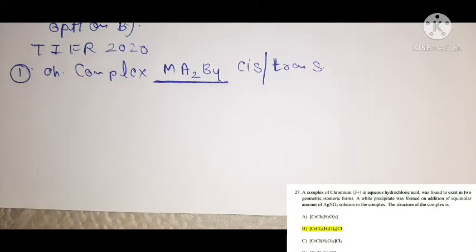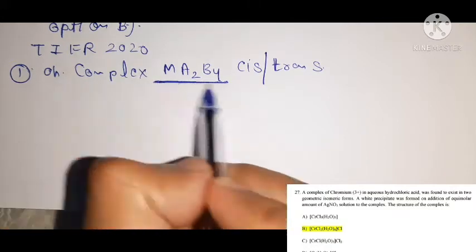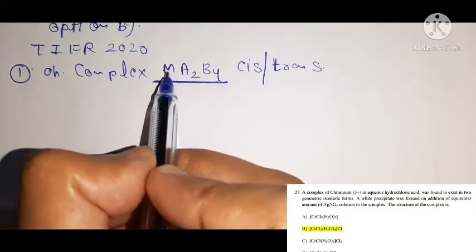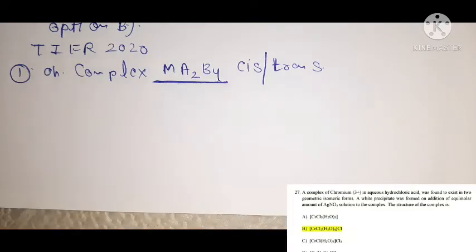Okay, so when you carefully observe all these options, we clearly see that option B matches this formula. That means here the M is Cr, the A2 is Cl2 and the B4 is H2O4. So only option B shows geometrical isomerism.